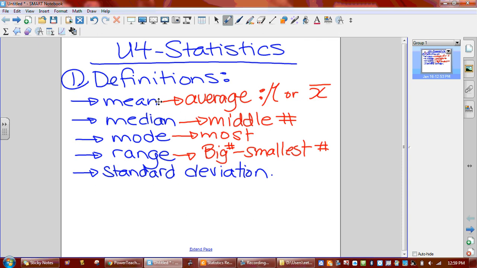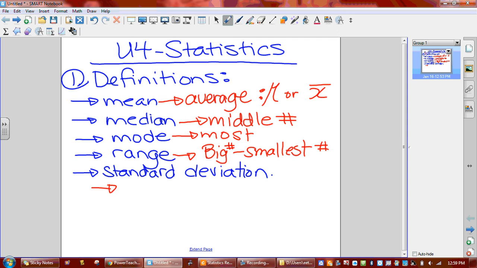All right, standard deviation. What is standard deviation? Who remembers? Yep. Yeah, the increments it goes up by. So it's how spread out the data is.